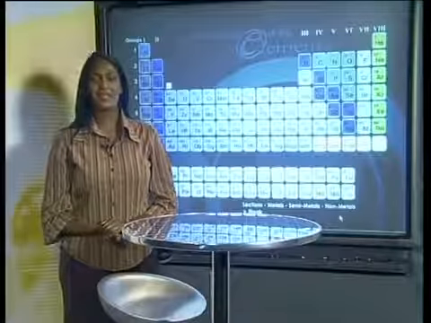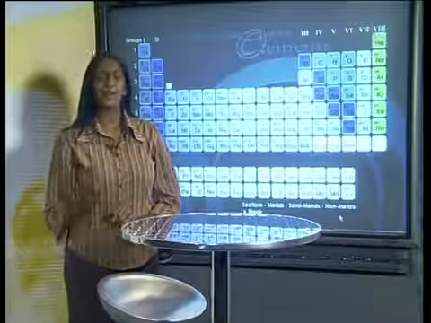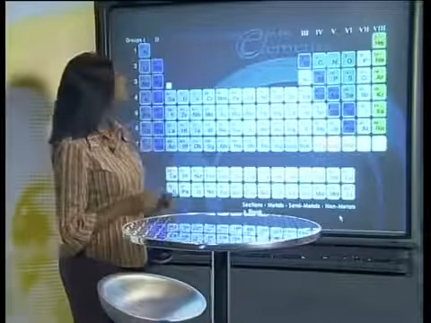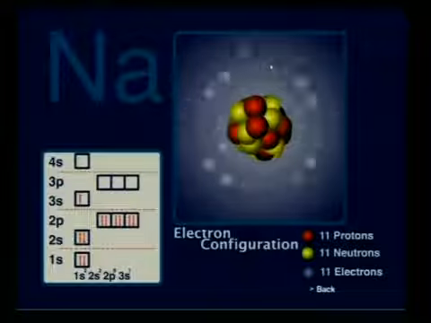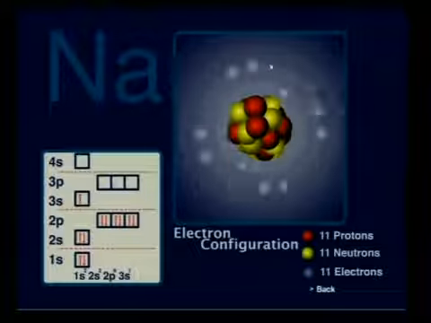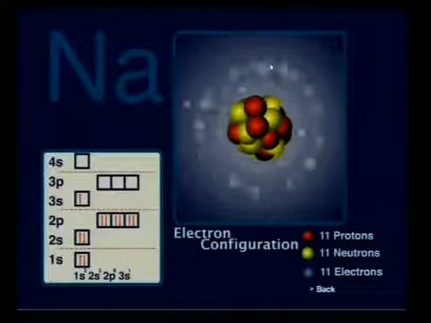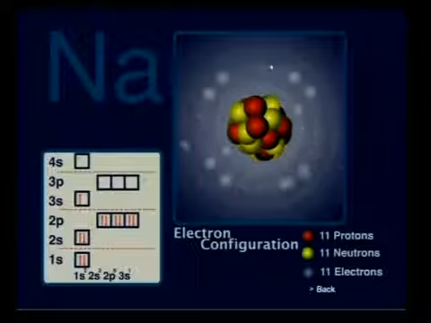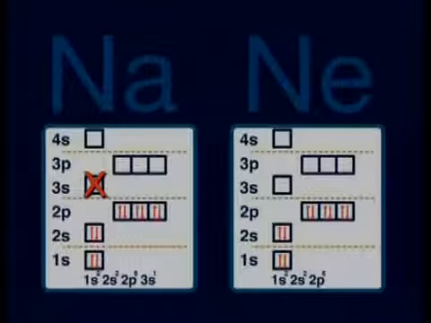Before we begin the experiments, let's have a look at a model of a single atom of sodium. This atom has a large atomic radius and the outermost electron is far away from the nucleus. You should also notice that when a sodium atom loses one electron, the ion that forms will have a stable electron structure.